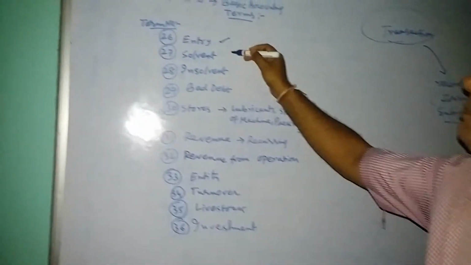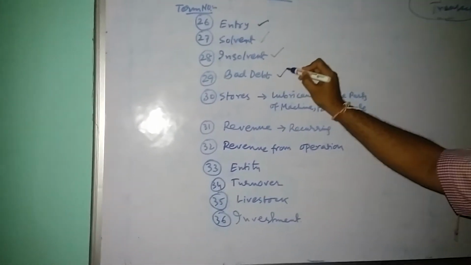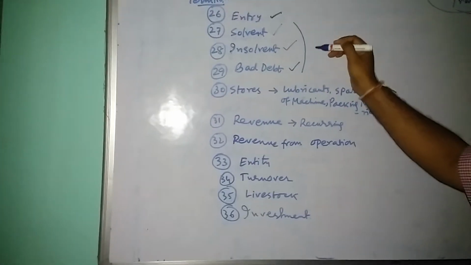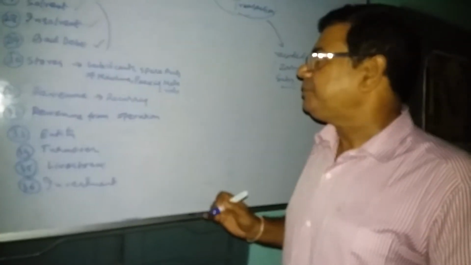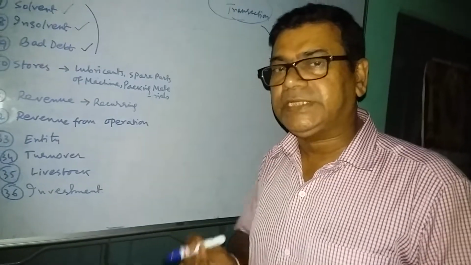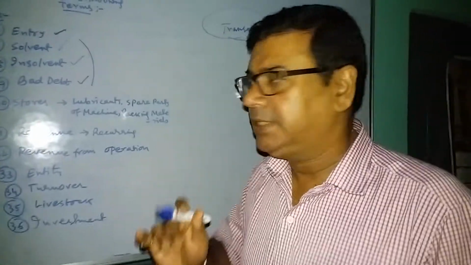Next is coming solvent, insolvent and bad debt. These three terms, I will make you understand with the same example. Suppose in the previous episode, the 5th episode, I discussed the term trade receivables, debtors.